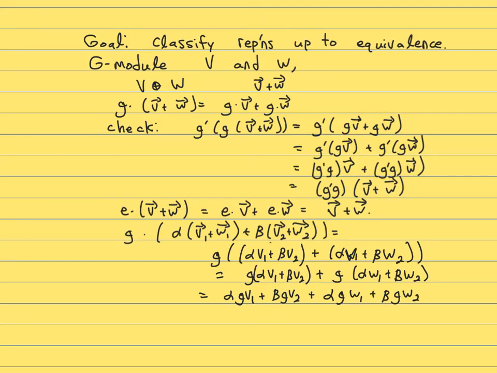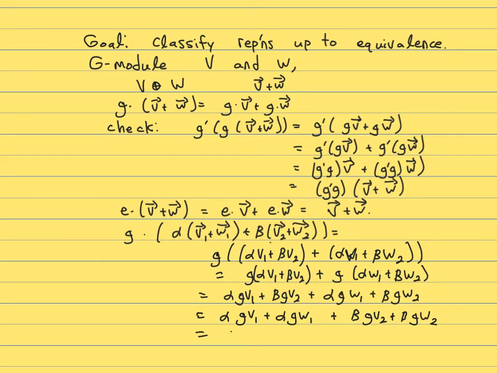And what did I want to get at the end of the day? I want to get alpha times G of v1 plus w1. So I need to rearrange terms: alpha G v1 plus alpha G w1 plus beta G v2 plus beta G w2.